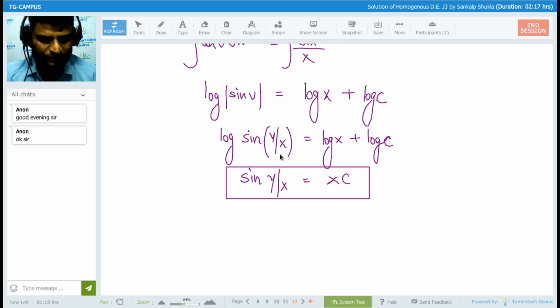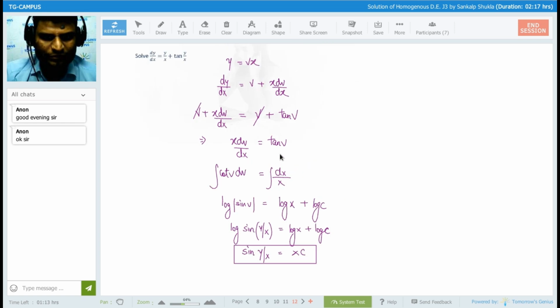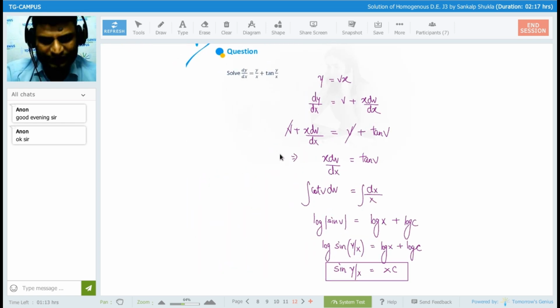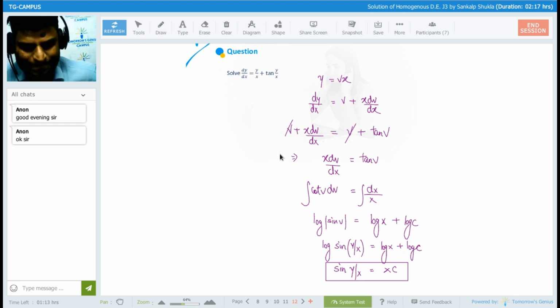This is the answer. So we have converted it into a single log. Log x plus log c can be better written as log xc. And here we are having log sin y by x. So we can equate both the logs.